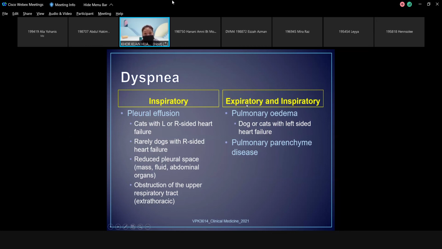Now, if you have both inspiratory and expiratory dyspnea, a lot of the time it's going to be pulmonary edema, cats and dogs with left-sided heart failure, or maybe there is a lung issue: bronchitis, pneumonia, bronchopneumonia, fungal pneumonia, bacterial pneumonia, aspiration pneumonia, you name it. Which means further investigation is required.